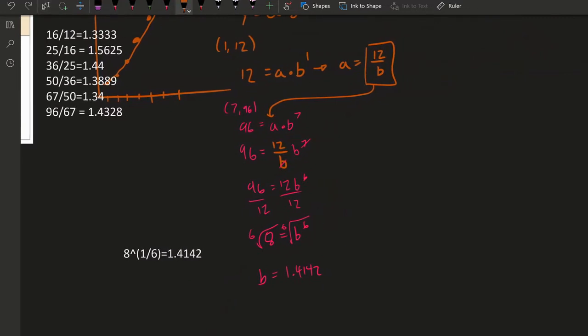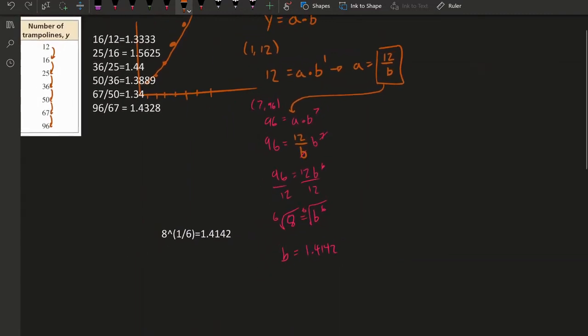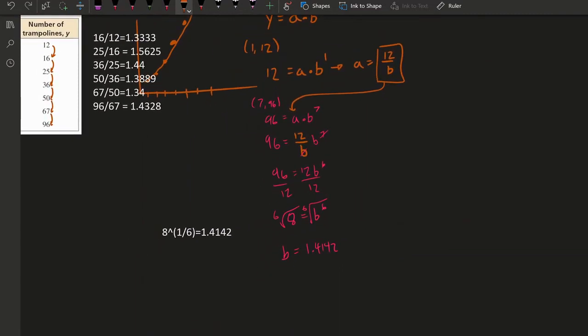Coming back over here, let's use the simplest one, 12 equals a times b. But now 12 equals a times 1.4142.